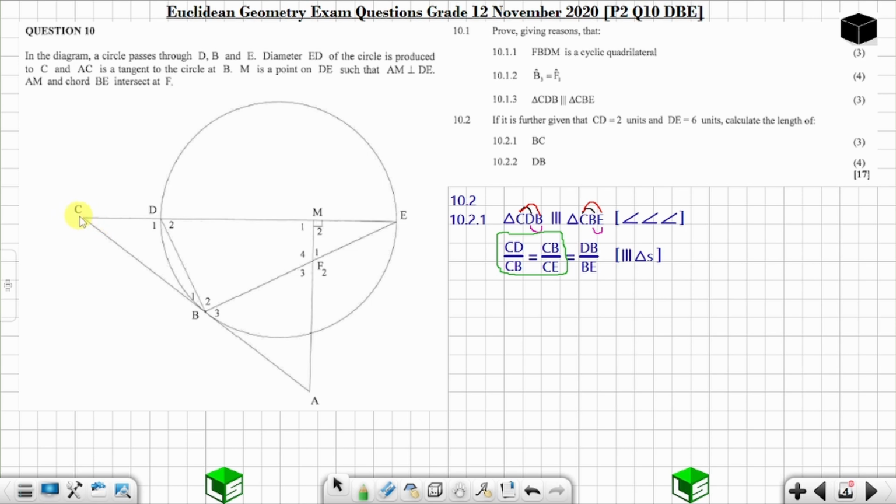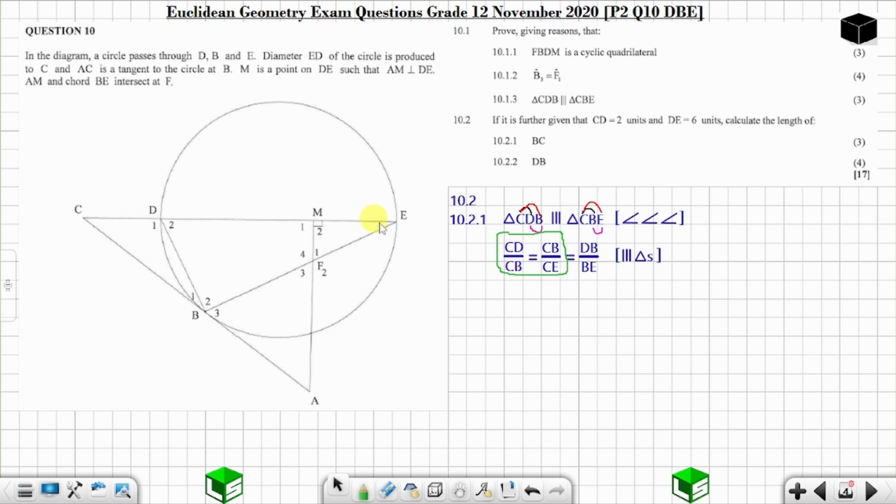Can you see CE? CE is made up of CD and DE. You understand? CE is equal to CD plus DE, which is 2 plus 6, so CE is 8 units.